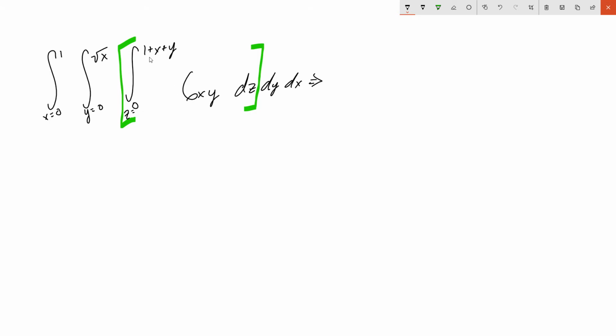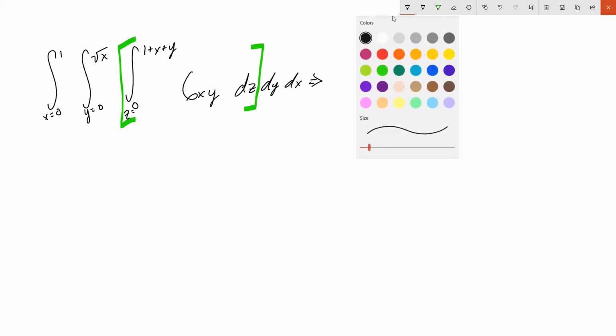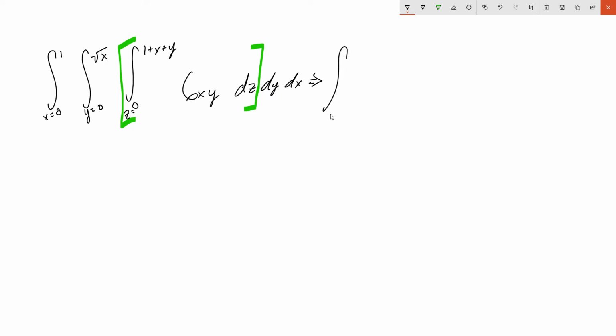So it's going to make it pretty easy when one of the z bounds is 0, and this is all treated as a constant, because we'll have 1 plus x plus y times 6xy minus 0 times 6xy. So I'm just going to push forward here, and we've got still x from 0 to 1, y from 0 to root x, and then we're given 1 plus x plus y times 6xy.